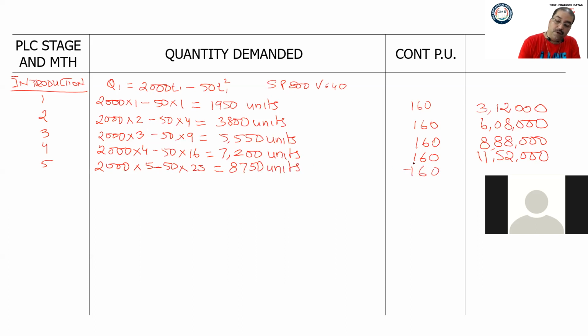Contribution is 160 per unit. 8,750 into 160 is 14 lakhs.